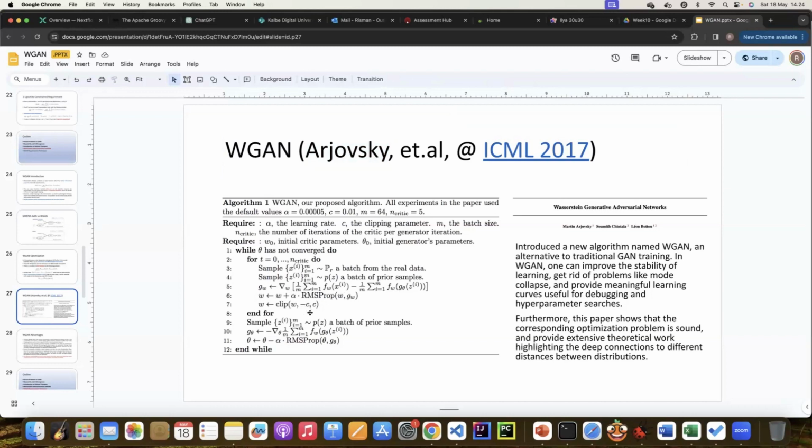To make sure that the critic function satisfies the Lipschitz constraint, implement weight clipping here. After n critic times, sample and update the generator parameter theta, again using RMSProp.